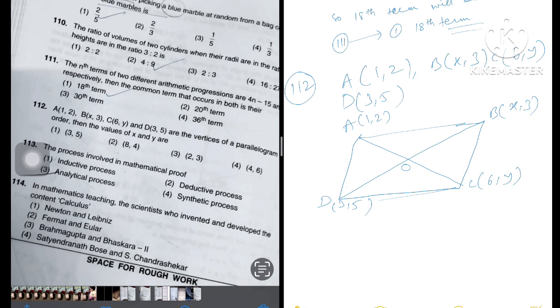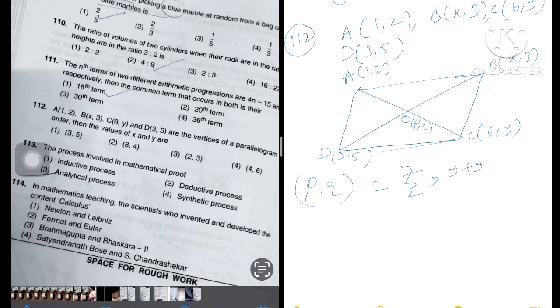O is the midpoint of AC, so the coordinates of O, that is P comma Q, will be 6 plus 1, 7 by 2, comma, y plus 2 by 2.